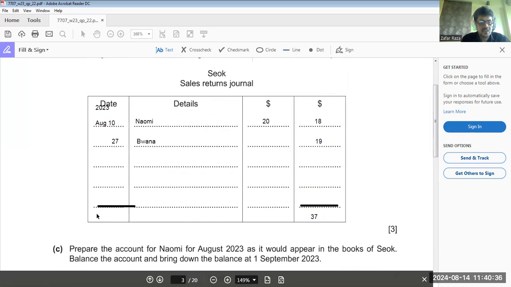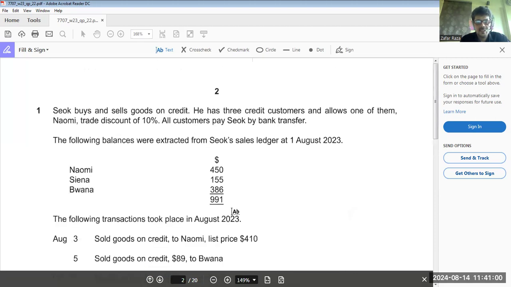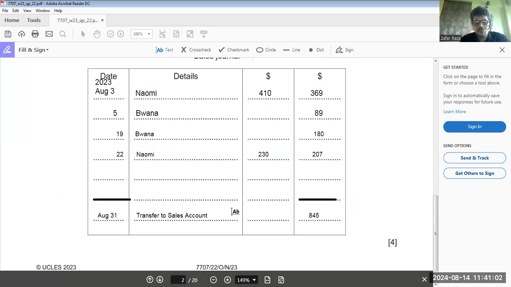Here, we write August 31st. Transfer to sales returns account. So that's 3 marks we have got, and here we got 4 marks.